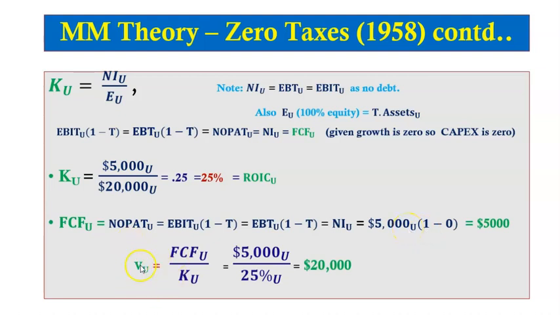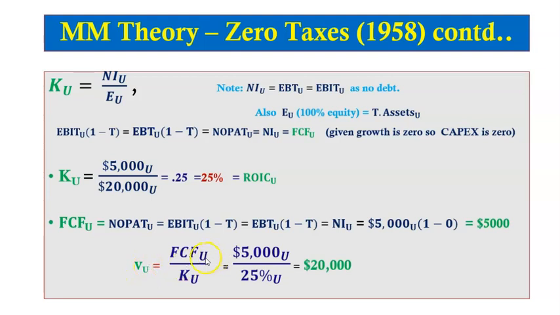The basic principle in valuation is that the value of anything is equal to the present value of all its future cash flows discounted at the required rate of return. So in our case, the future cash flows of the unlevered firm are equal to the net income of the unlevered firm, and the cost of equity we estimated here is the discount rate that we need to use to value the unlevered firm.